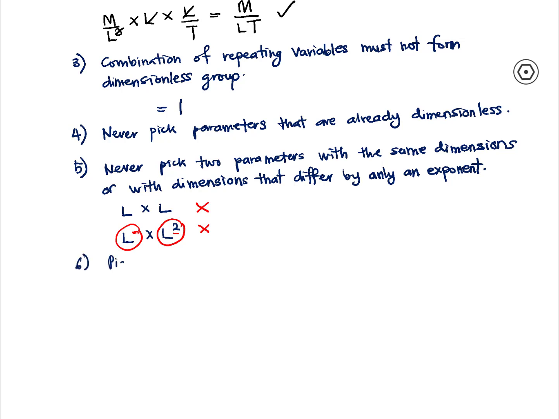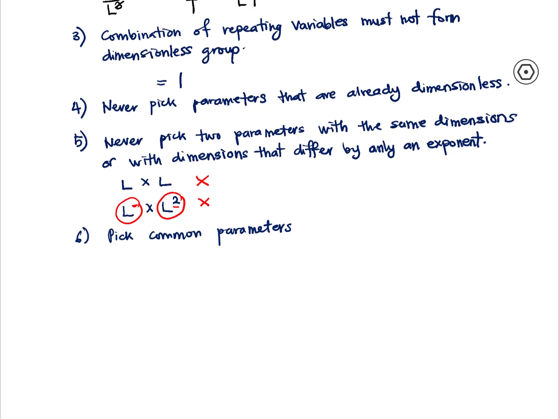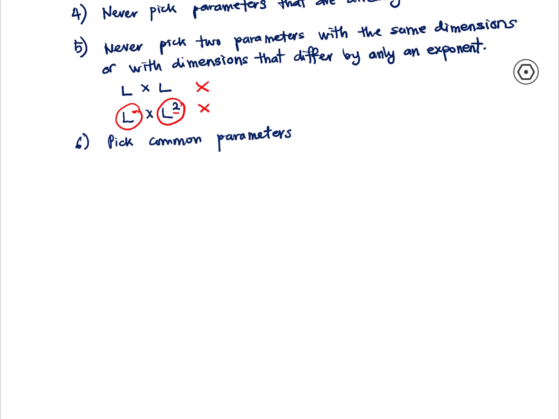Okay, and then number 6, pick common parameters, since they may appear in each of the pi's. And the last point is pick simple parameters.